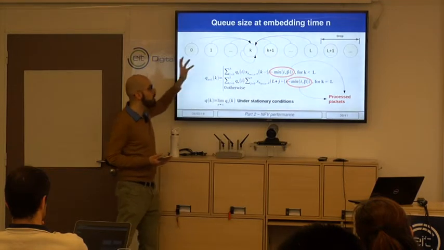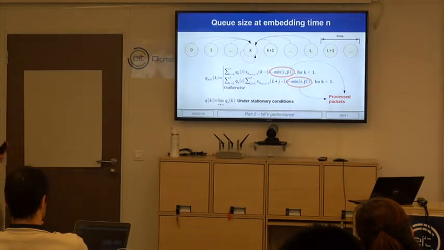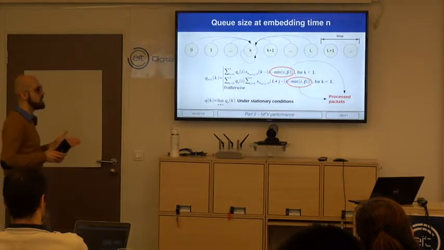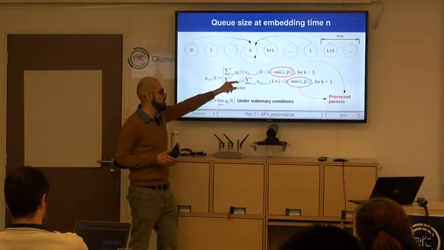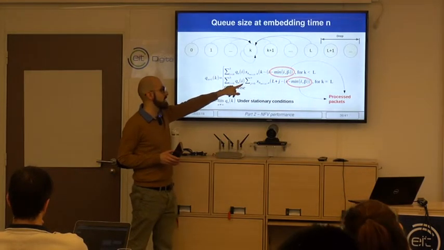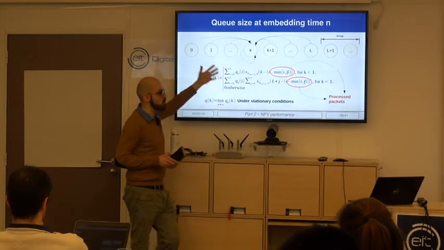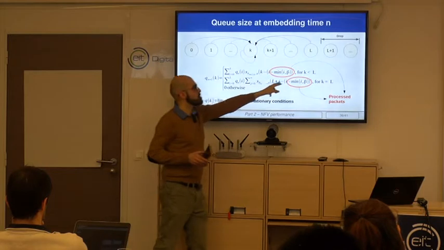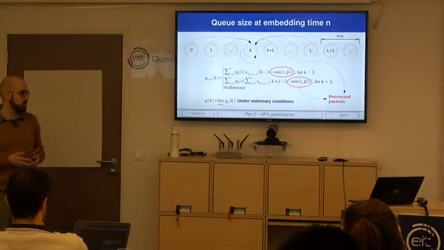That is B of the minimum between I and beta. While in the other case, we need also to take into account all the possible combinations, so all the possible packets that arrived from J to infinity in all the possible states that are causing the overflow of the queue.